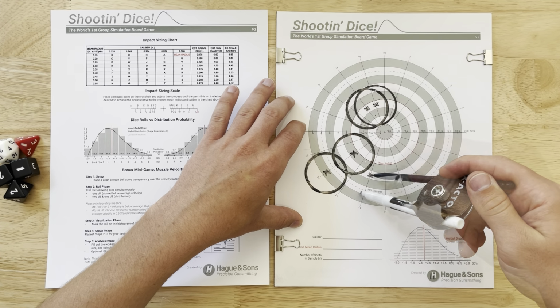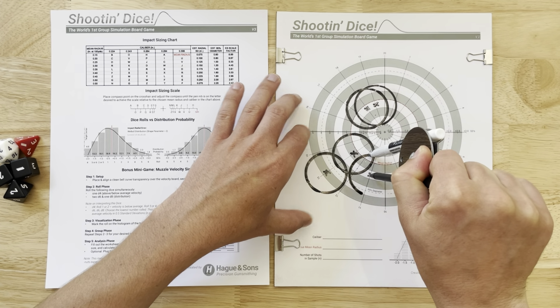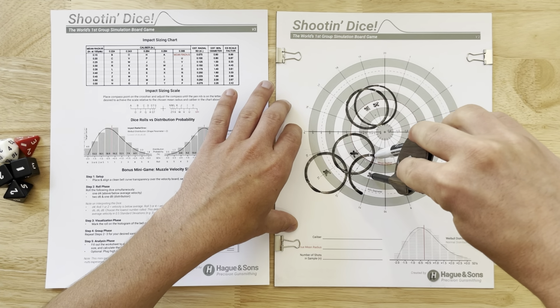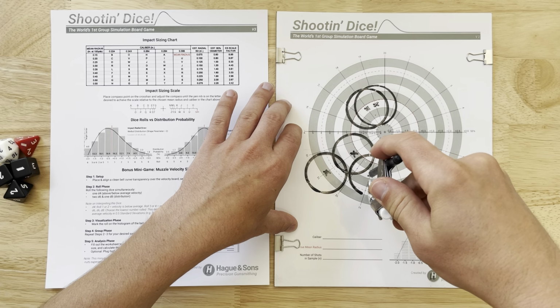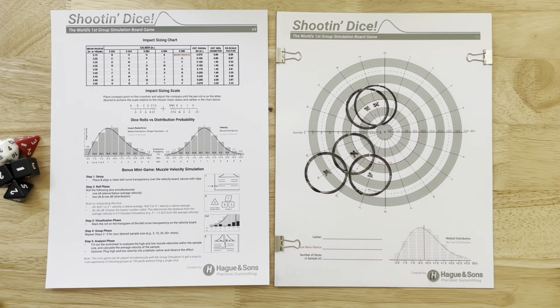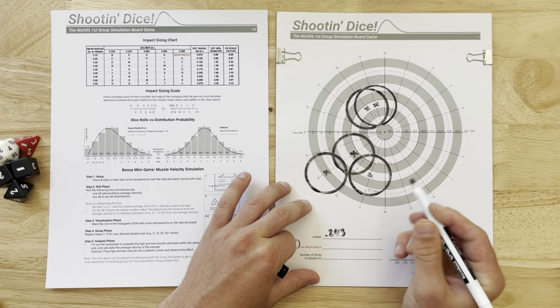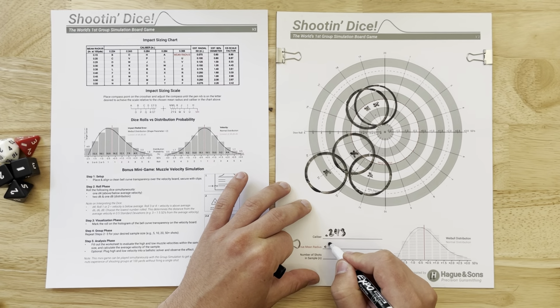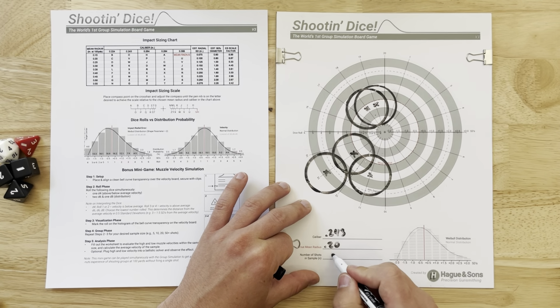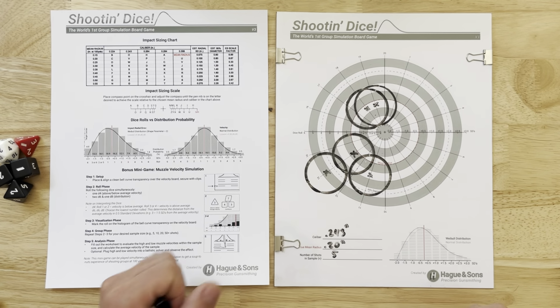There's 4. And then our last impact is here. And this is with a .243 with a mean radius of 0.2, and our number of shots was 5.